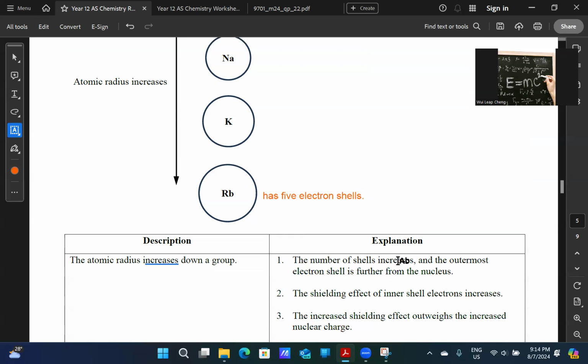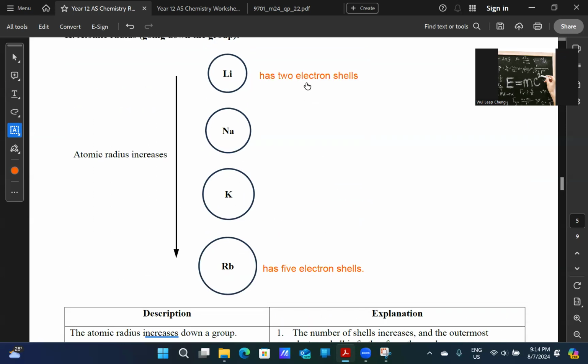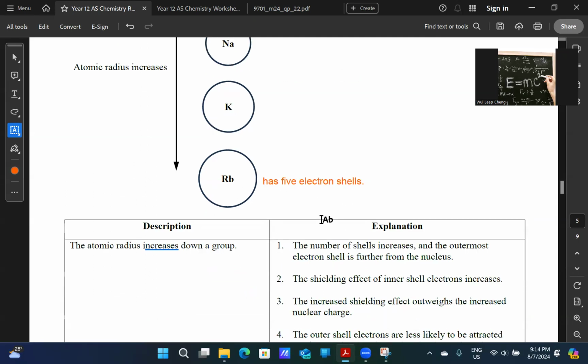The number of shells increases, and the outermost electron shell is further from the nucleus. As you can compare, from 2 electron shells increasing to 5 electron shells, am I right? Definitely, the distance between the outermost electron shell and the nucleus is further away for rubidium compared to lithium.